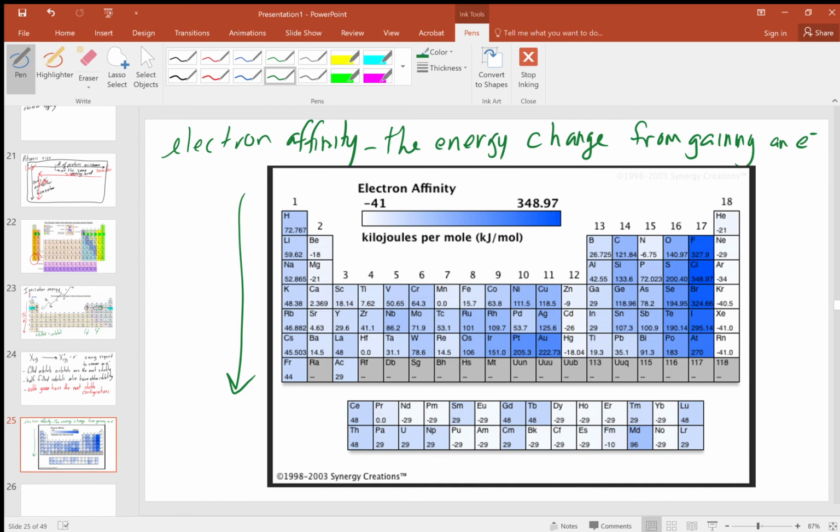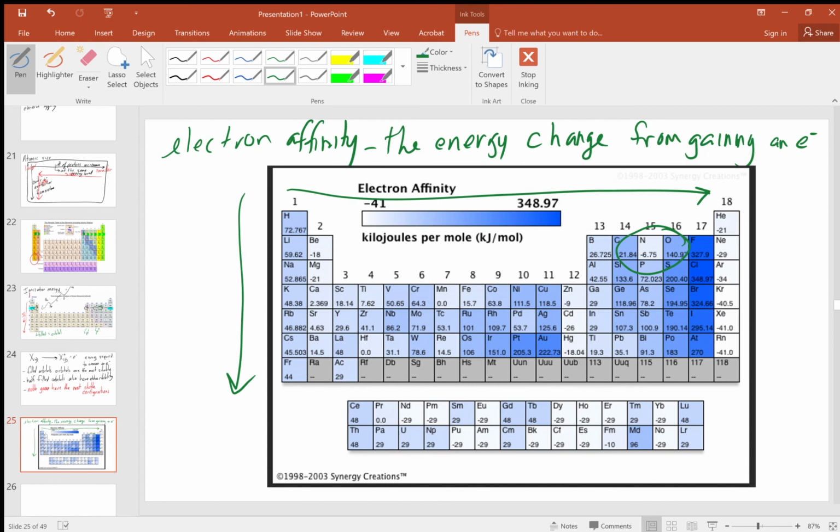As well as we would expect it to, in general, increase going to the right. Because those atoms want to gain electrons. And again, we see a little bit of this same type of trend in here based on the half-filled orbitals. But basically, that's exactly what we find.